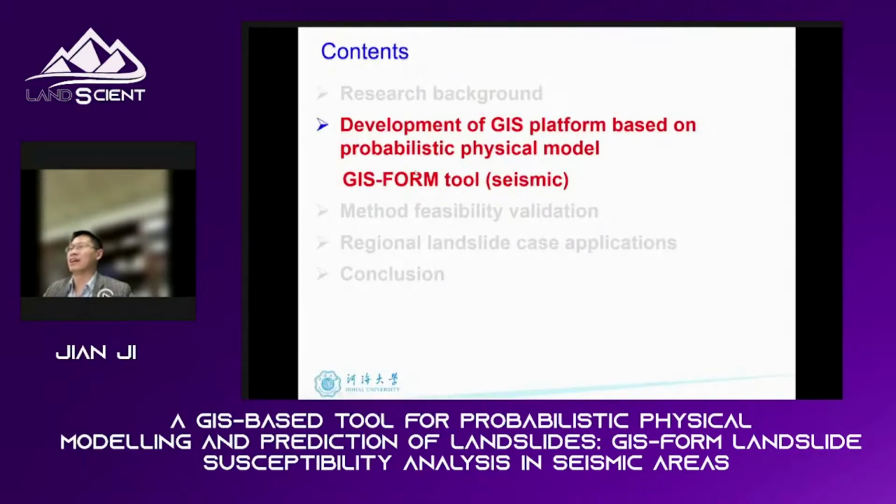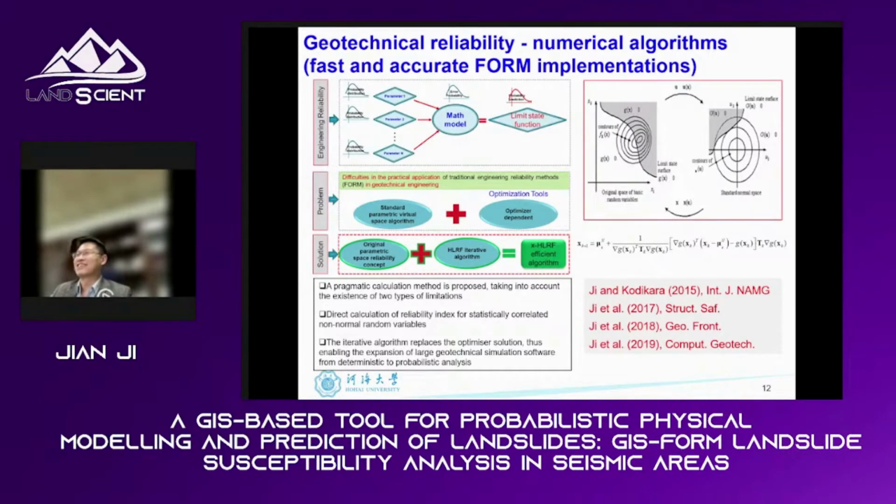So let's look at our developed tool, the so-called GIS-FORM toolbox, which is based on a GIS platform to realize the probabilistic physical modeling. The geotechnical reliability method that is the basis of our algorithm is the first order reliability method.